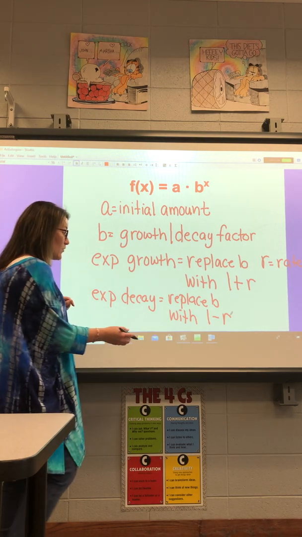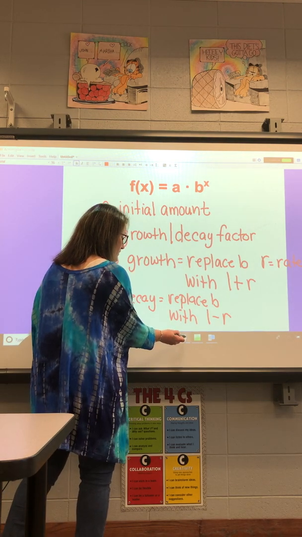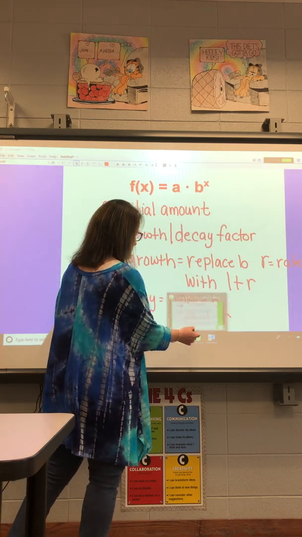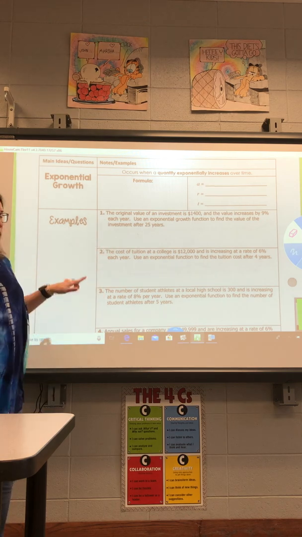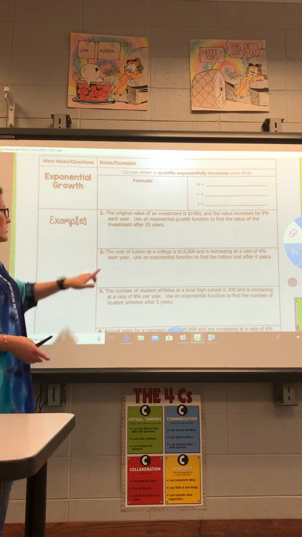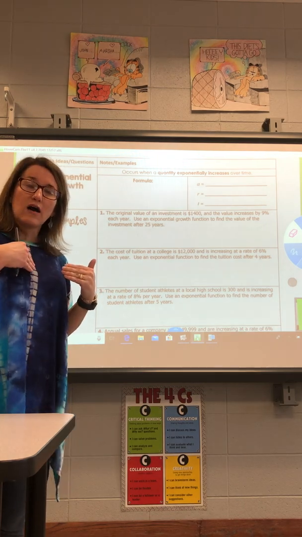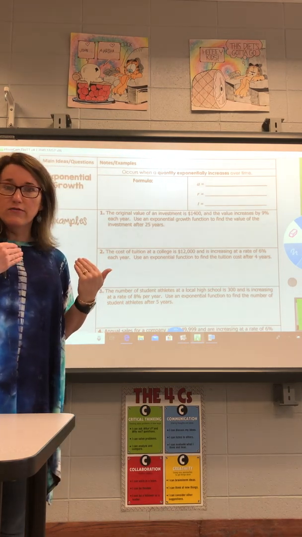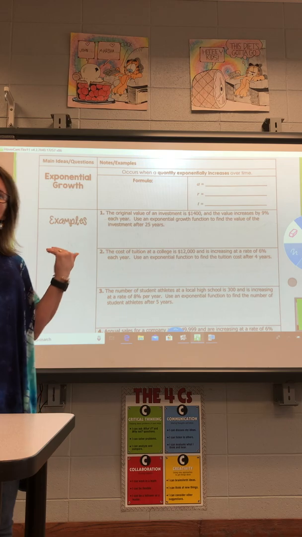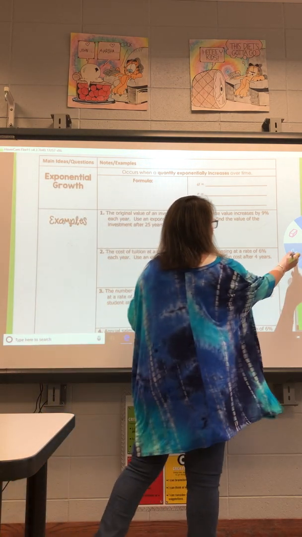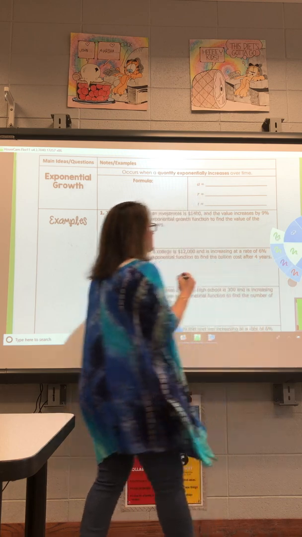So I'm going to now click over here. Okay, and this is going to be my first worksheet. You'll see that we're going to start with exponential growth. So I'm going to fill in all this information for you so that you'll have it for your notes, but it's exactly what I just talked about on this other screen, okay? So let me go ahead and click on the pen.